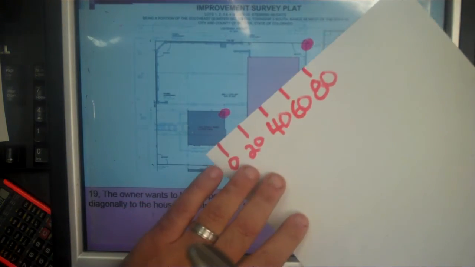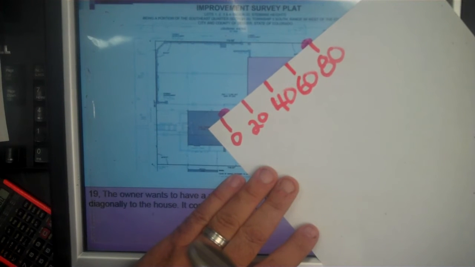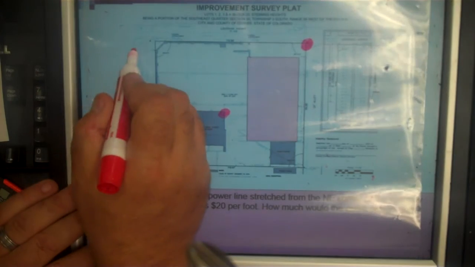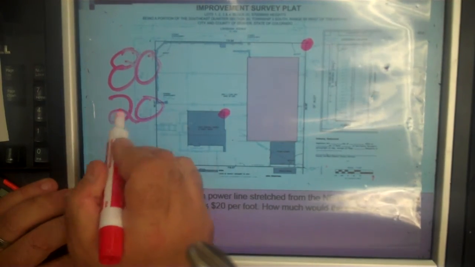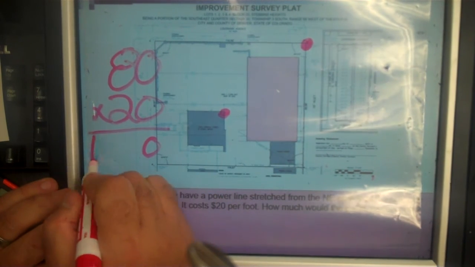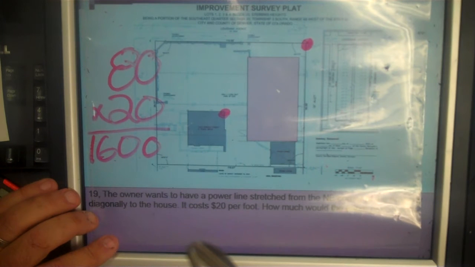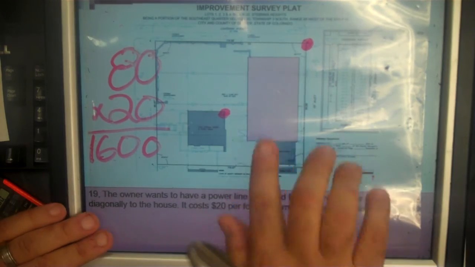So a diagonal line, nice and straight, would be about 80 feet. And it costs $20 per foot. So I'm going to multiply. That'll be $1,600. Number 19, $1,600.